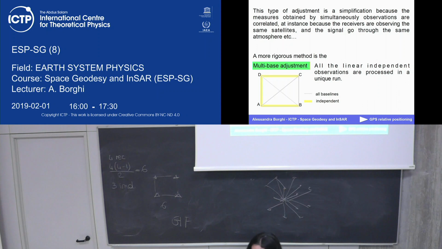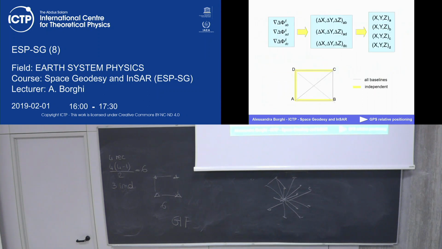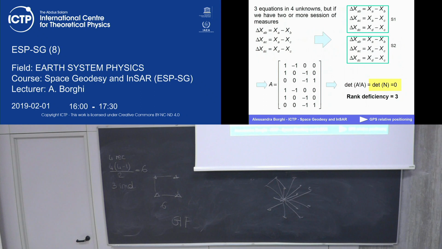So you can choose this, and often the software can do this in an automatic way. But in some software you say, follow this criterion to find the network connection, the baseline.